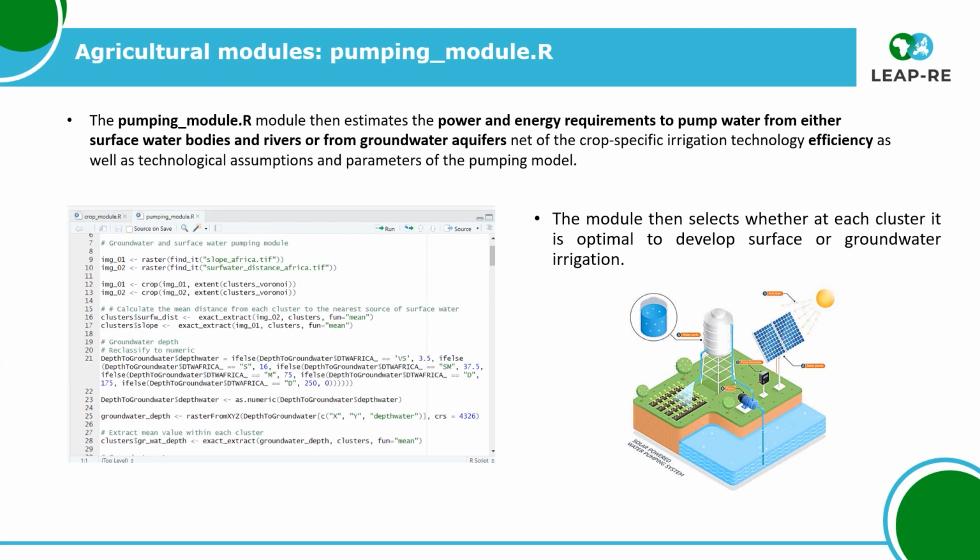The pumping module simulates the operation, the technical parameters of a pump, basically referring to the local aquifer depth or to the local distance and slope with regards to surface water bodies. And it also selects whether at each cluster it is best to develop surface and groundwater irrigation.